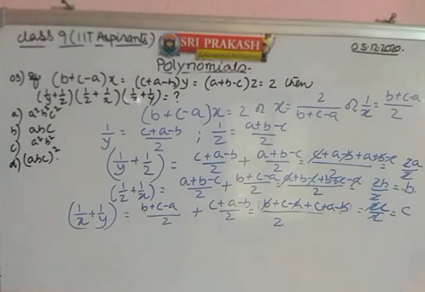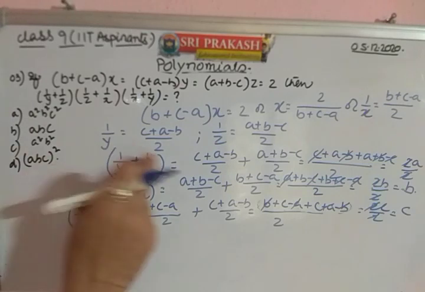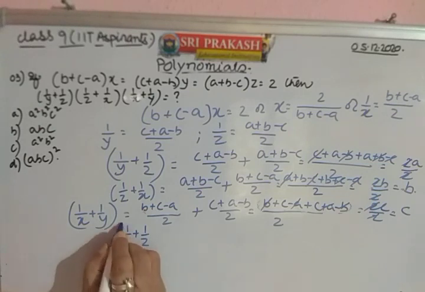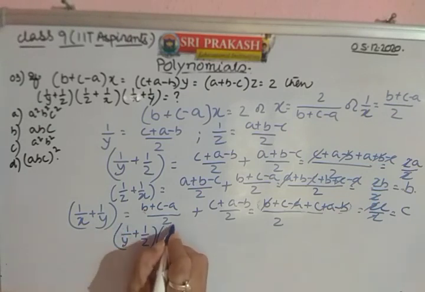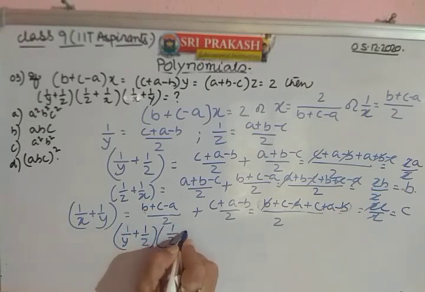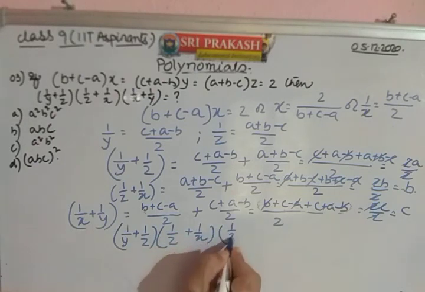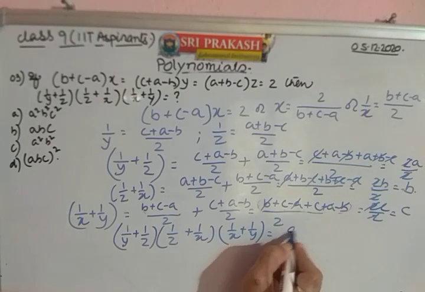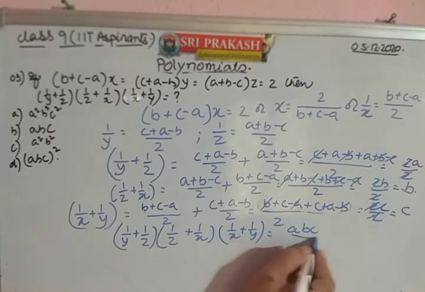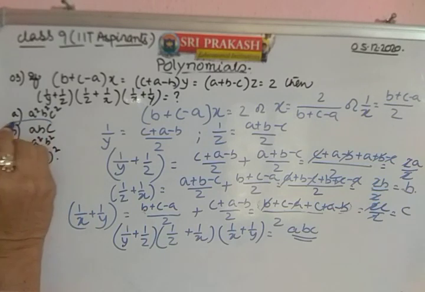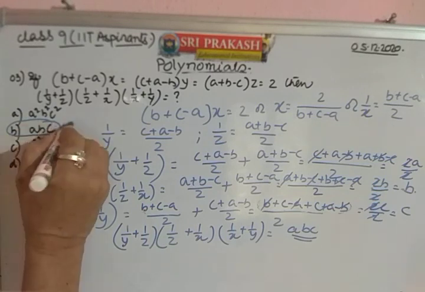So what is the value of the product of these three? (1/y + 1/z)(1/z + 1/x)(1/x + 1/y) is equal to abc. So B is the right option.